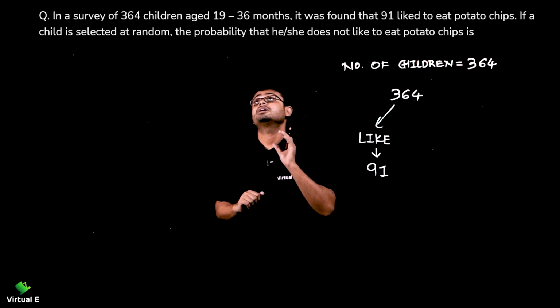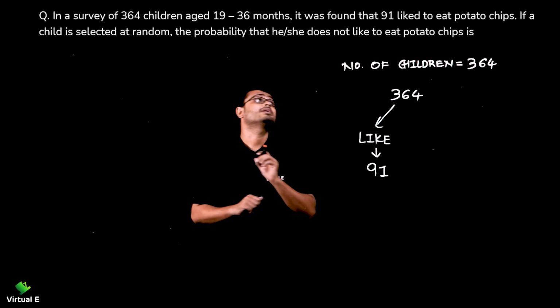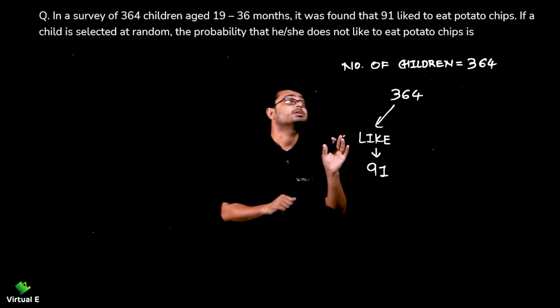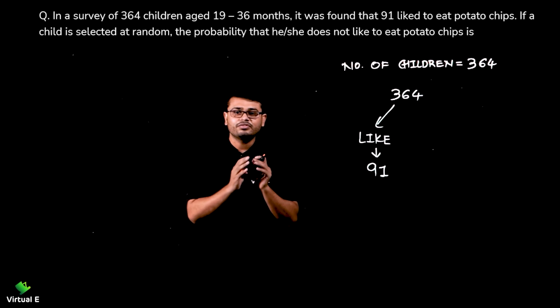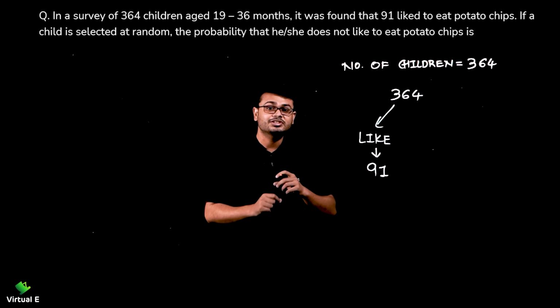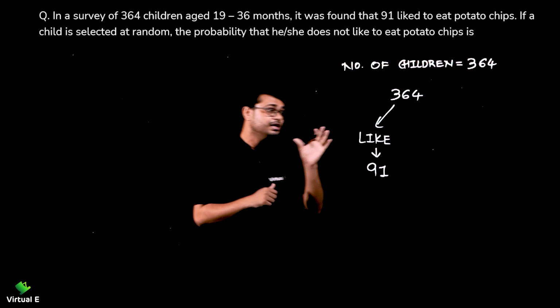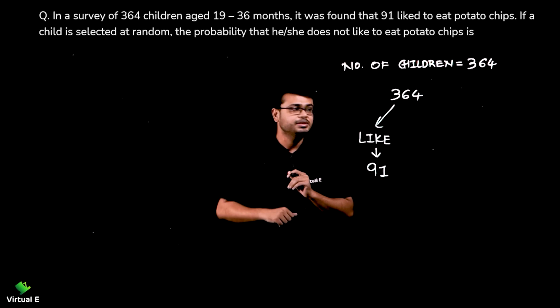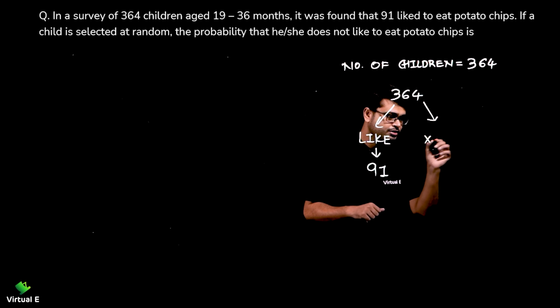If a child is selected at random, then the probability that he or she does not like to eat potato chips is dash. We need to find the probability that if we select a child randomly, then what will be the probability that he or she will not like to eat the chips. So this is about the do not like.